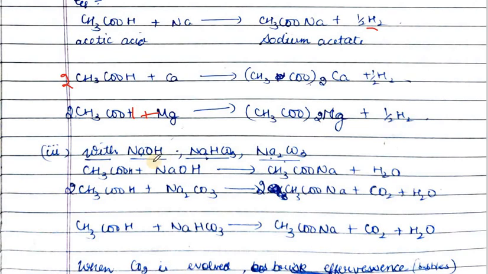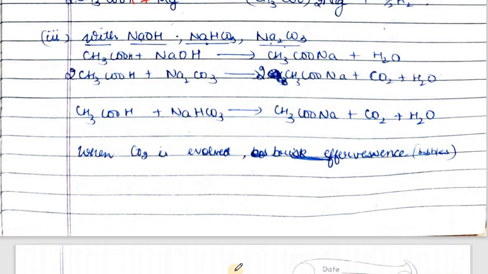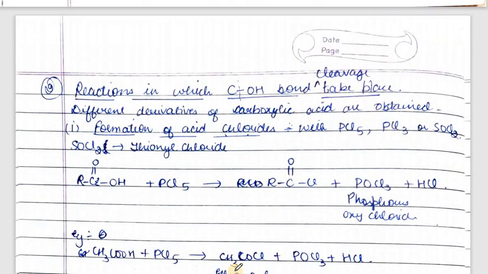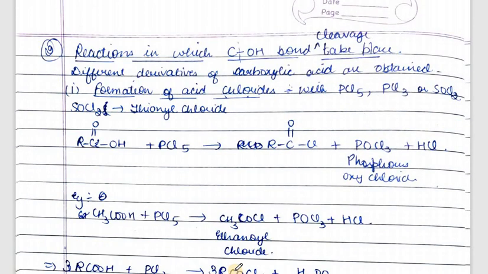So with sodium hydroxide, sodium bicarbonate, and sodium carbonate, in all cases hydrogen is replaced with sodium. So all these reactions again show the acidic nature of carboxylic acids. Next are the reactions in which the OH group is replaced, and then we get different derivatives of carboxylic acids.